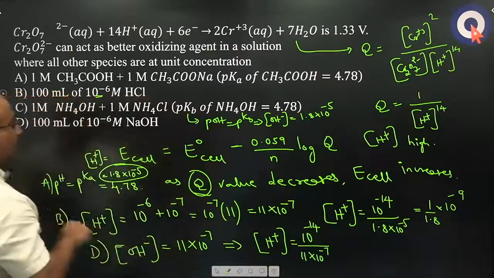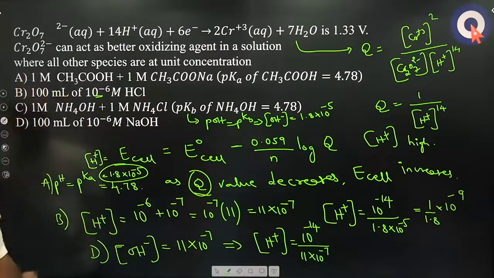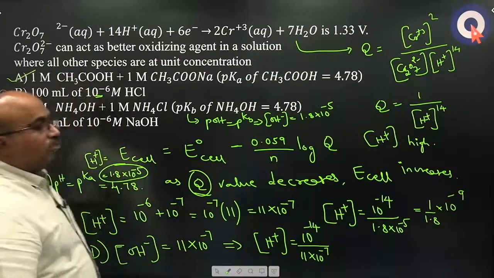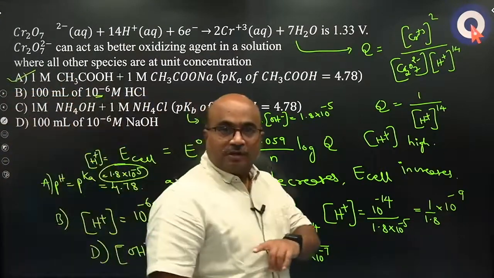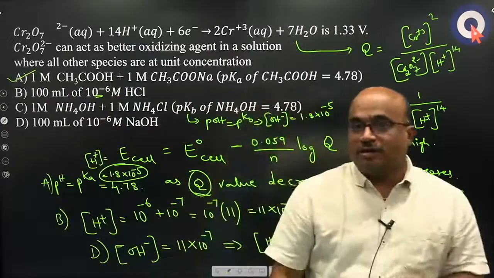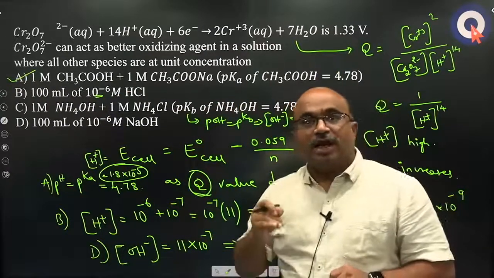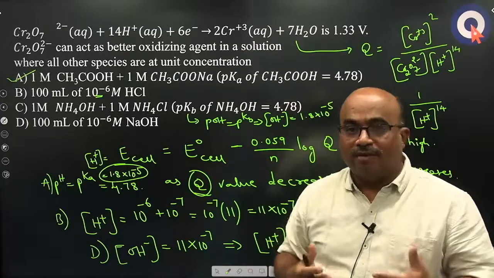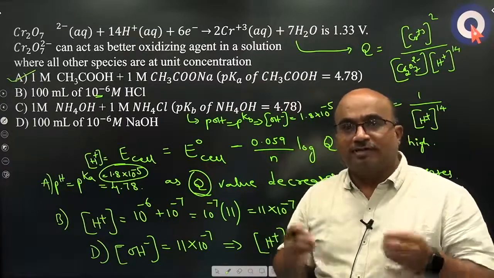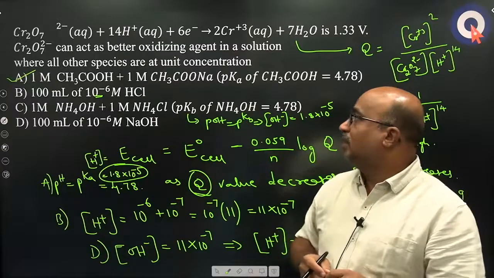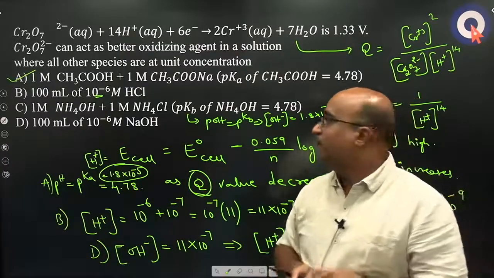So which is having the higher value? The first one only, that is 4 point. So in the first option, where the H plus concentration is clearly high, the potential will increase, and the ability of dichromate to behave as a stronger oxidizing agent. I think that's clear?